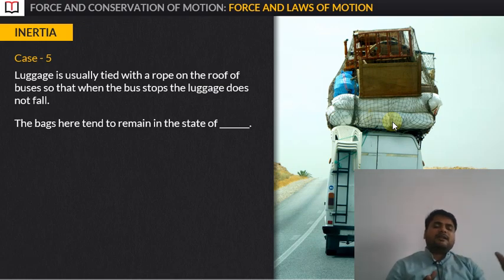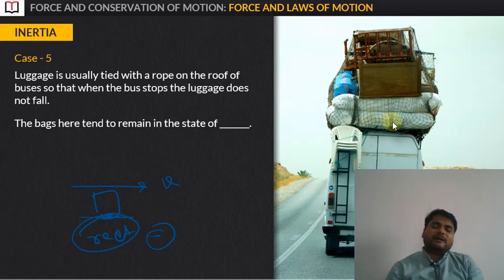When the brake is applied, then what will happen? The part which is in contact with the bus comes to rest at the same instant, but the upper part keeps in motion. This lower part was at rest. When we applied the brake, this part came to rest, but the upper part of the body kept moving with velocity v.